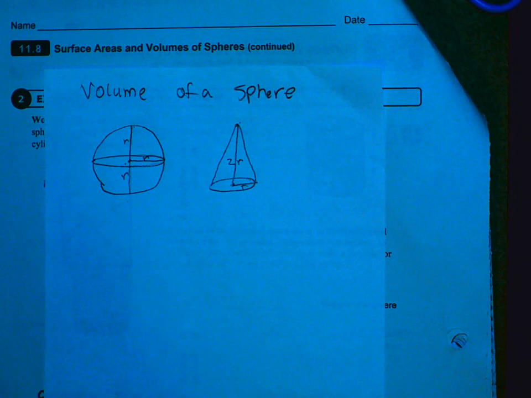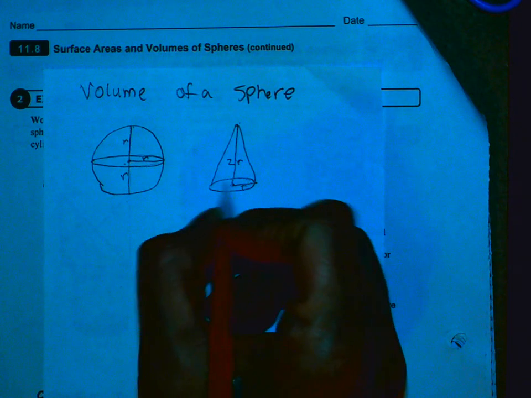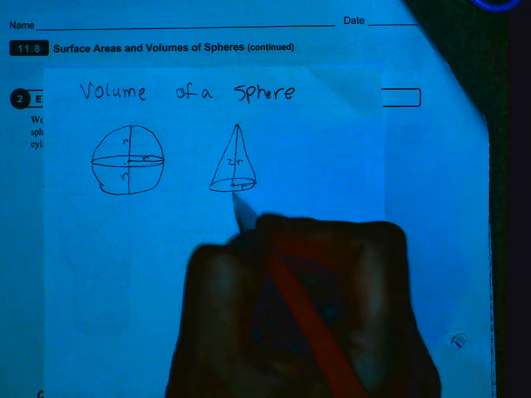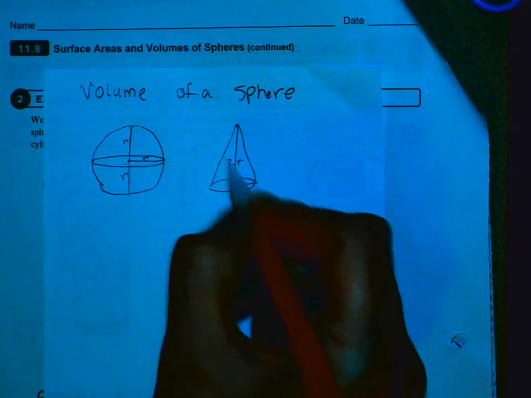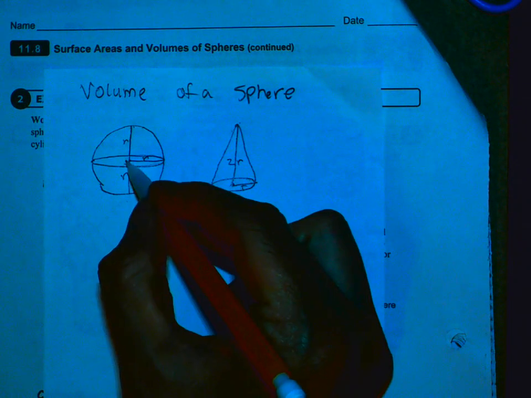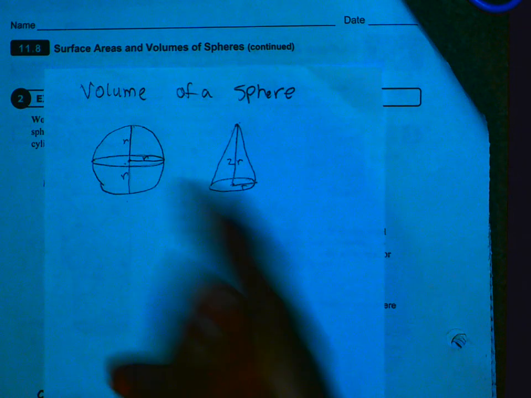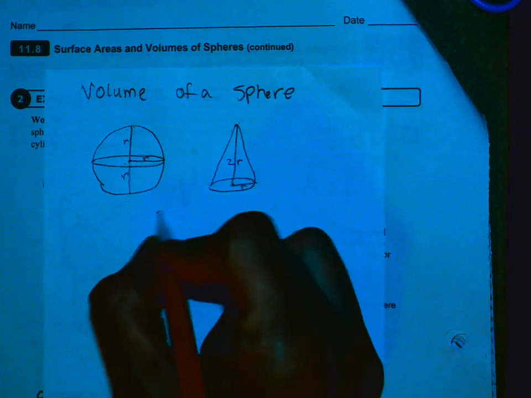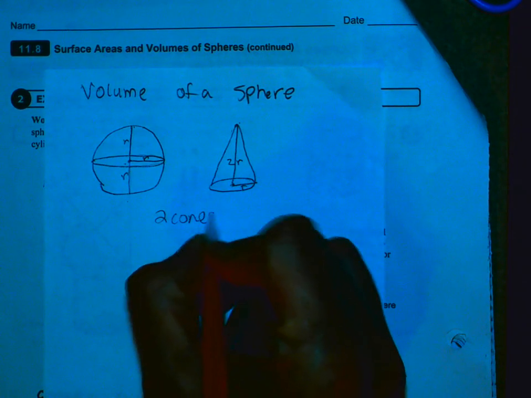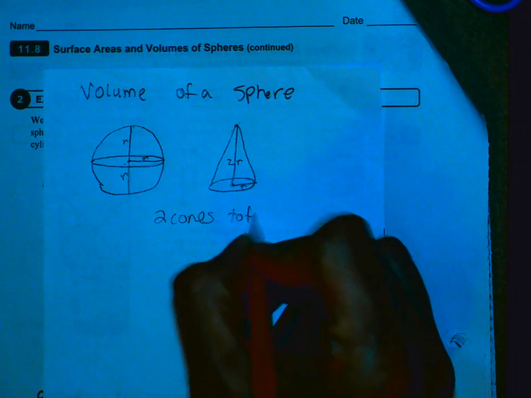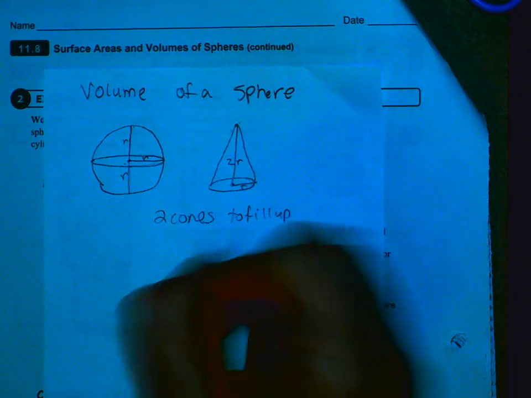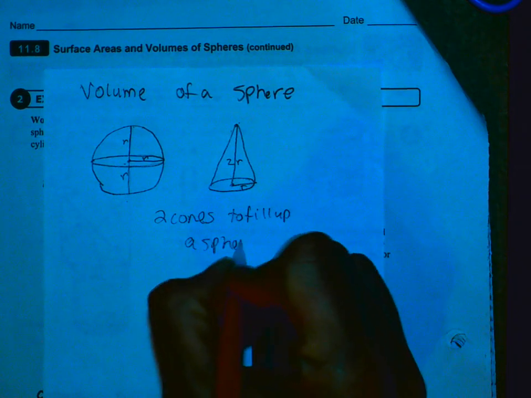In the video that you will see, you're going to notice that if you were to turn this cone upside down, fill it up with water, and then pour it into a sphere, it's going to take 2 cones to fill up a sphere.